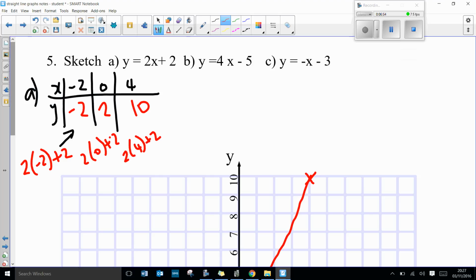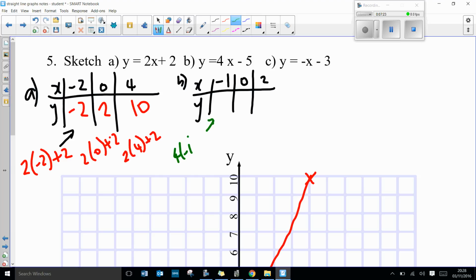Okay, our second example. Given that these numbers are slightly larger, I may change my values for this particular one. So I'm going to have negative 1, 0, and 2. And let's hope they fit in. So 4 lots of negative 1 is negative 4. Take away 5 is negative 9. 4 lots of 0, take away 5 is negative 5.